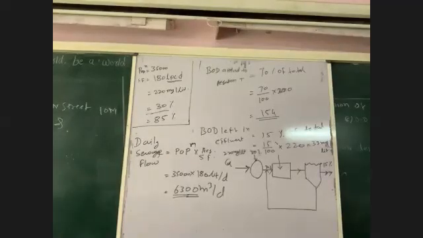Then what efficiency is required for the aeration tank? Efficiency required in the aeration tank is equal to CI minus CE upon CI.